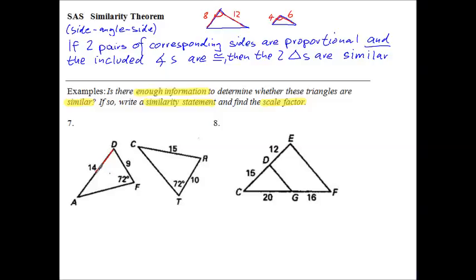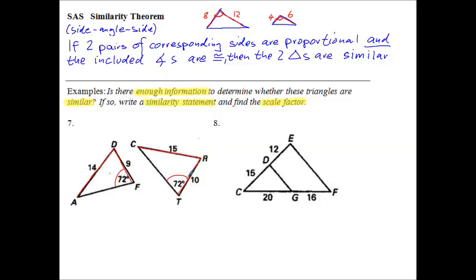The larger of the given sides is 14 in triangle ADF versus 15 in triangle CRT. And the shorter one is 9 versus 10. And we also have an angle, or two angles that are congruent. Both angles have measurements of 72.